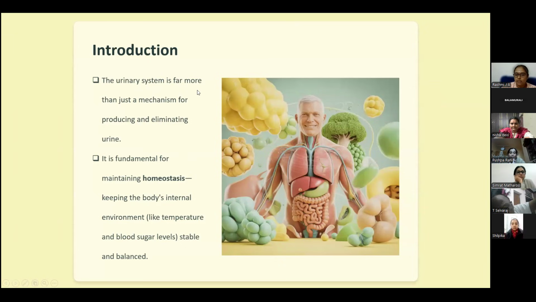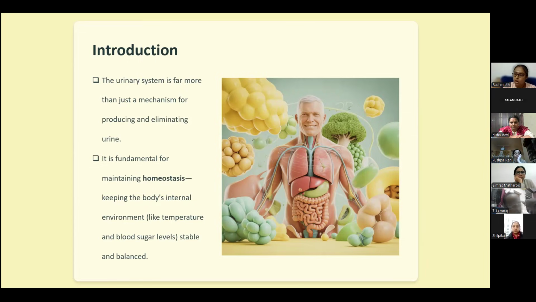The urinary system is far more than just a mechanism for producing and eliminating urine. It is fundamental for maintaining homeostasis. This word I am bringing in now because the urinary system is the first one where homeostasis is maintained.